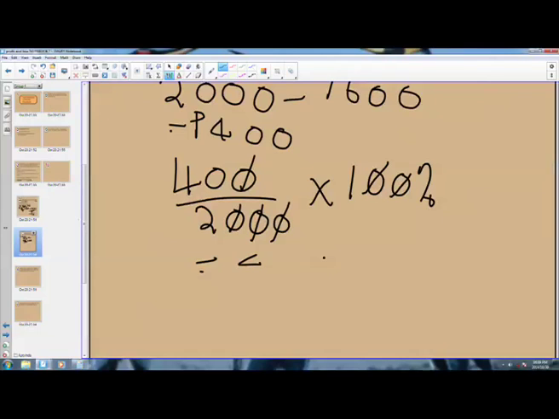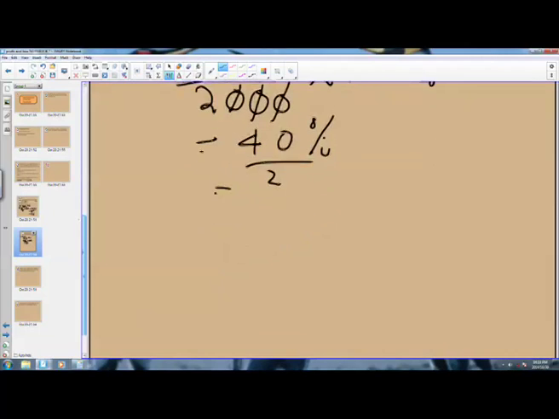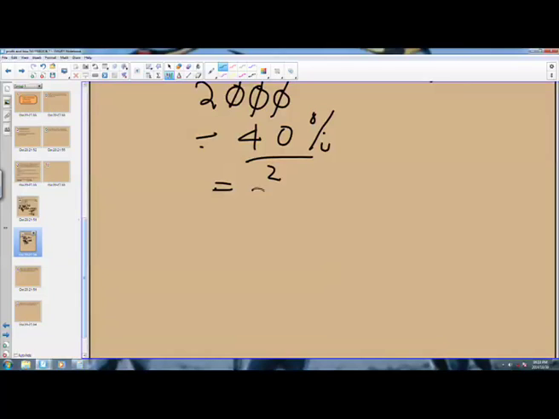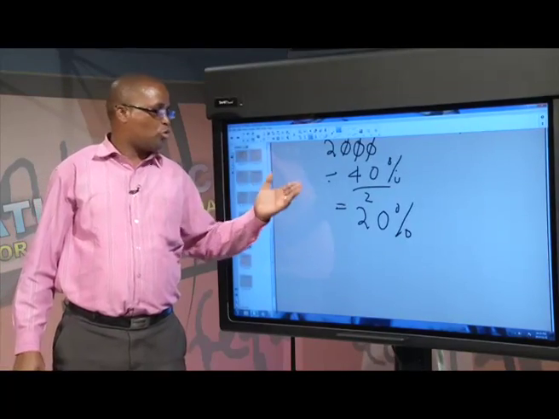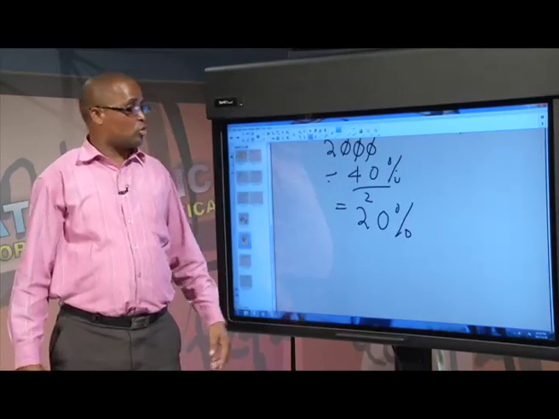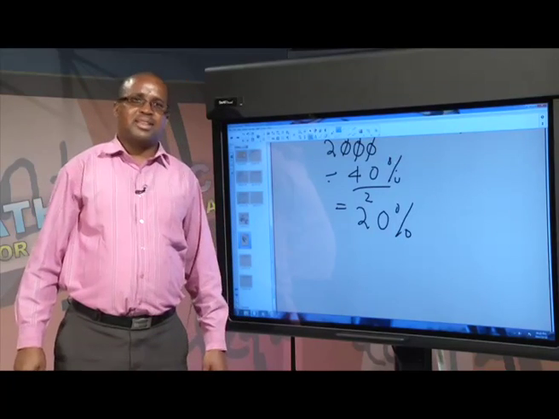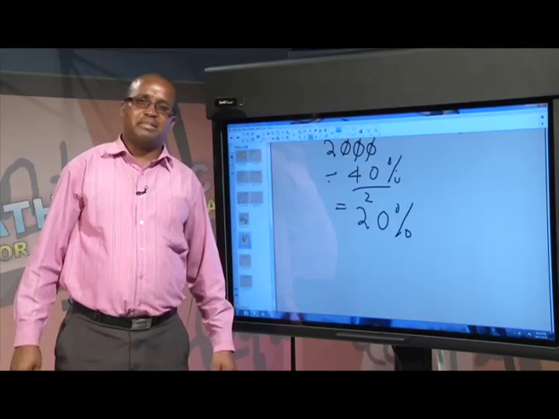We've got 40%, because it's 40 times 1%. So this gives us 40%. So it's 40% divided by 2, giving us 20%. So this simply implies there is a loss of 20%. So the percentage loss is 20%. This has answered your question, I want to believe.